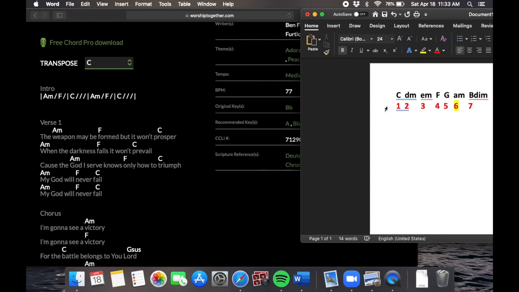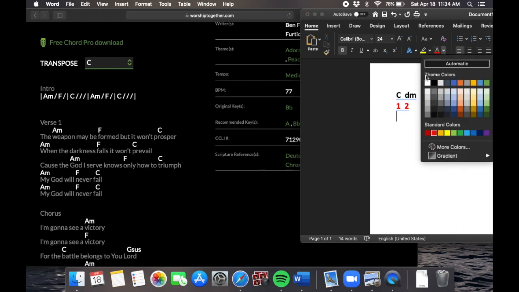And then back to 1. So the whole song, for the most part, is 6, 4, 1, 6, 4, 1, 6, 4, 1, 6, 4, 1.